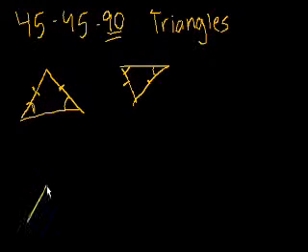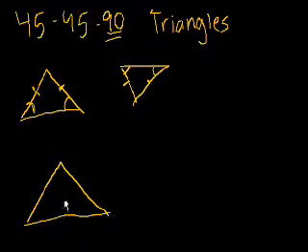Well, you can imagine a world where I told you that this is a right triangle. This is 90 degrees, so this is the hypotenuse, right? It's the side opposite the 90-degree angle. And if I were to tell you that these two angles are equal to each other, what do those two angles have to be?